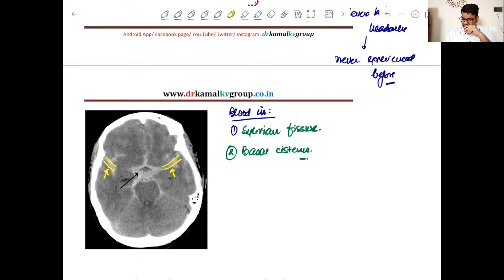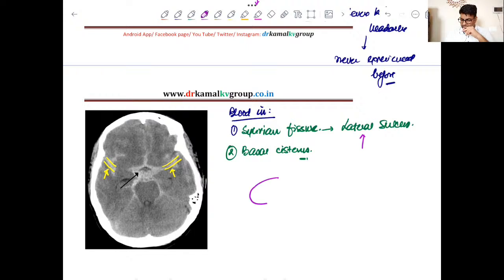And Sylvian fissure is another term for the lateral sulcus. Now again, you have to visualize in a three-dimensional way. Now this is the transverse section, and now you have to take a lateral section of the brain, and then only you can understand where is lateral sulcus, which is also known as Sylvian fissure.